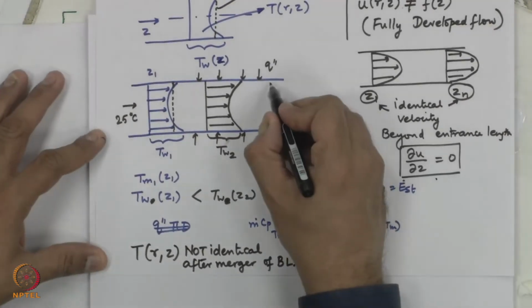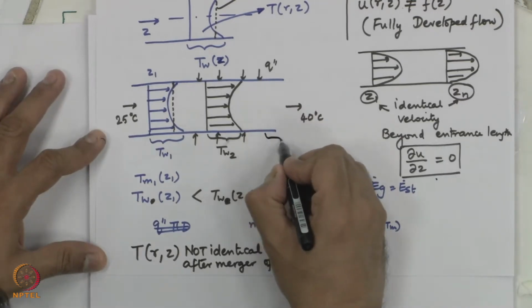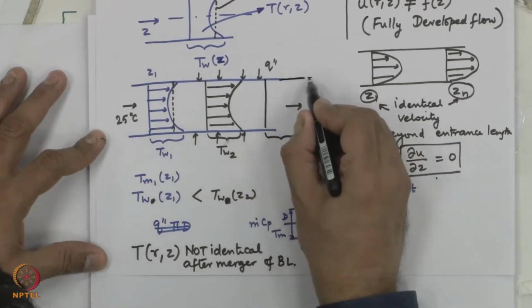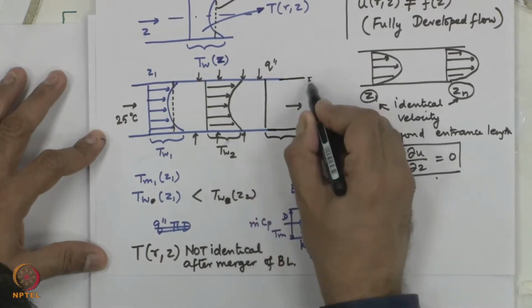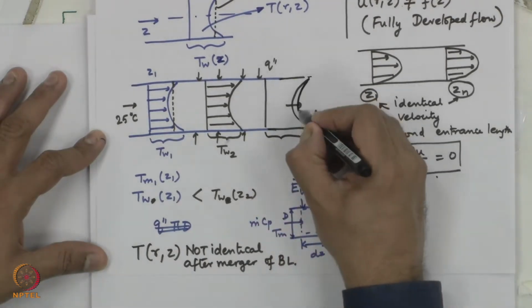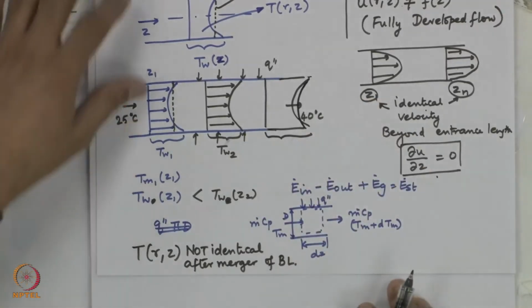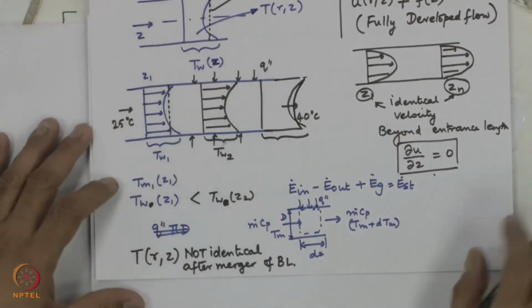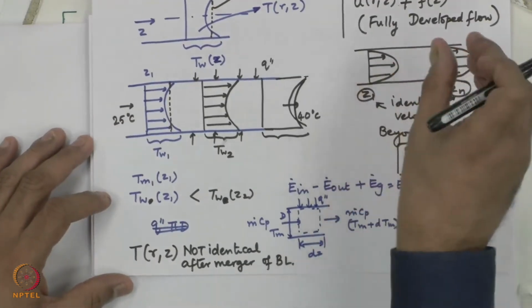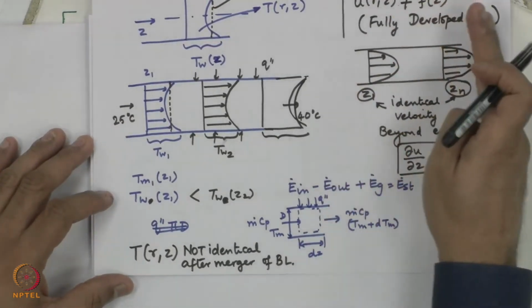You have a profile at a further downstream location, it would be a greater wall temperature than before, something like this, or something even thicker like this. The point being, I am not going to have one profile, or if I take a snapshot, the same thing would be repeated at different z locations.